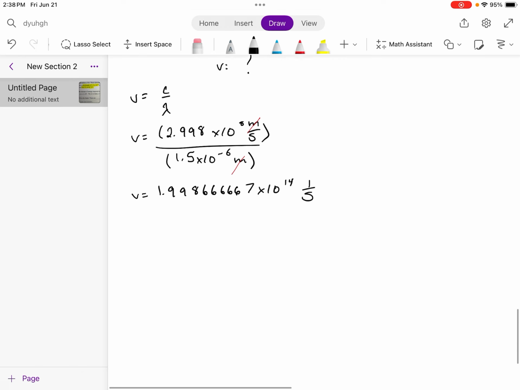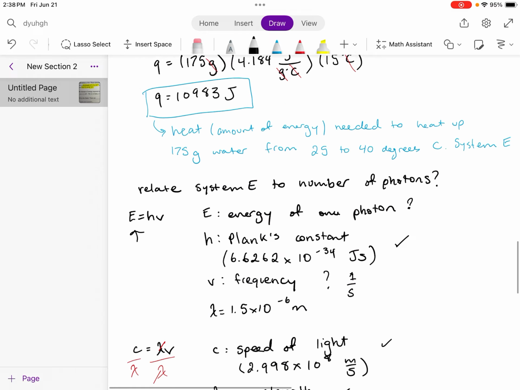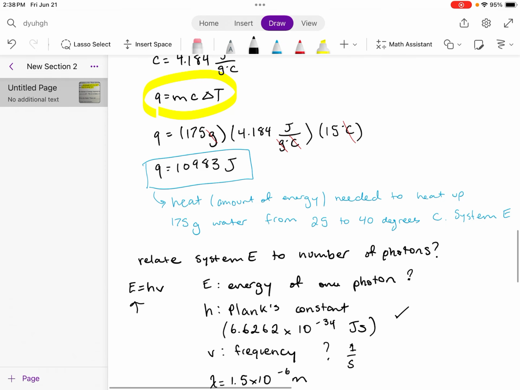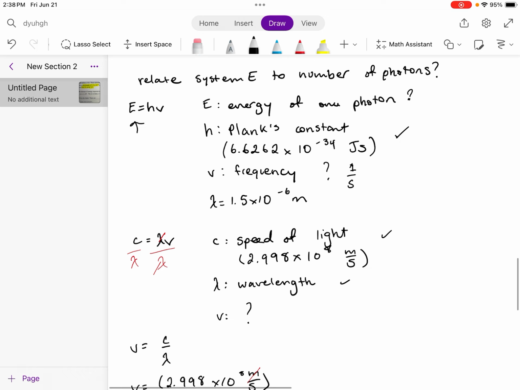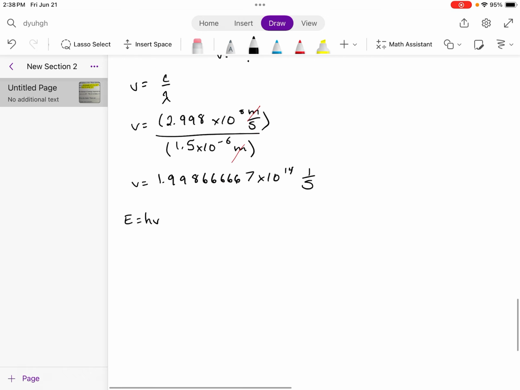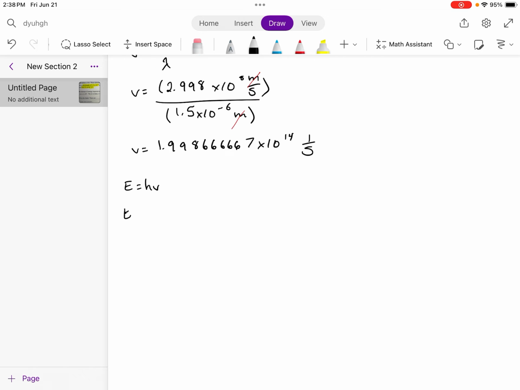So now that we have frequency, we can use our energy of one photon equation. Sorry, just backtracking. This Q gave us the energy of the system, and E gives us the energy of one photon of that system, which is useful because we need to figure out the number of photons, right?